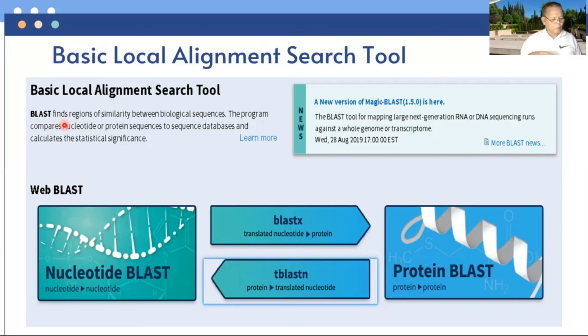The program compares nucleotide or protein sequences to sequence databases and calculates the statistical significance of matches. BLAST can be used to infer functional and evolutionary relationships between sequences as well as help identify members of gene families.